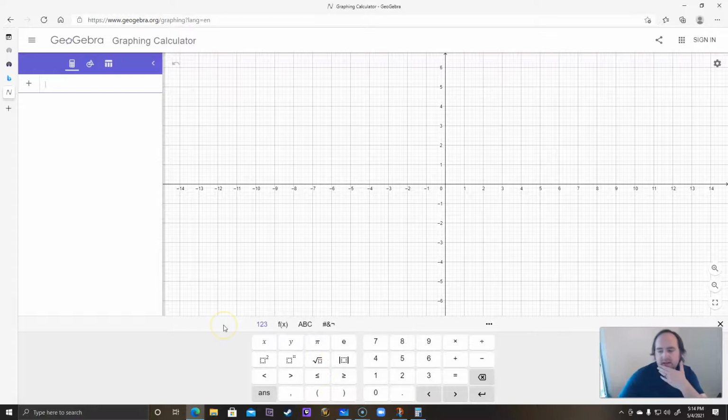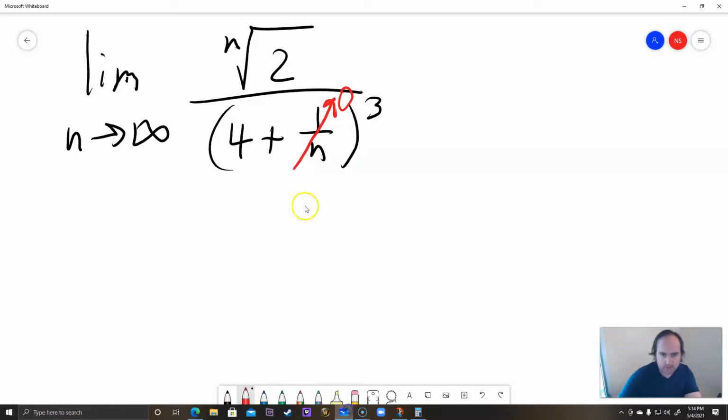Instead of writing it as the xth root, I'm going to write it as a rational exponent. So I'm going to press the exponent button, and the nth root of 2 would be the same as 2 to the 1 over n. Okay, so we have 2 to the 1 over n here.